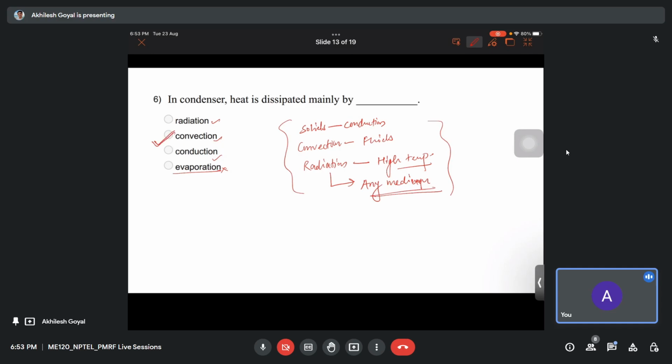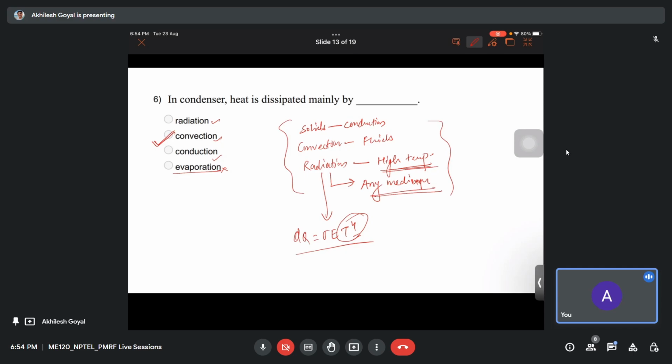Radiation, as we know, is prevalent at very high temperature, and the rate of heat transfer by radiation is given as sigma e A T raised to power 4. As you can see here, the rate of heat transfer is proportional to the fourth power of temperature.